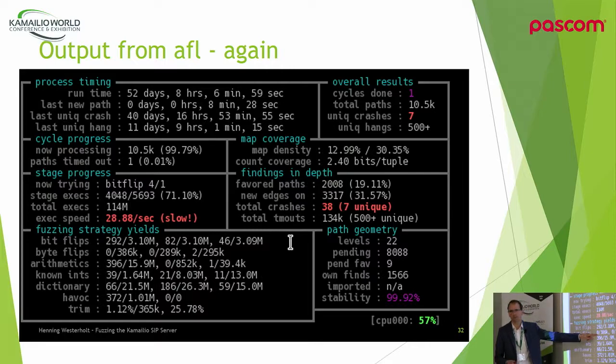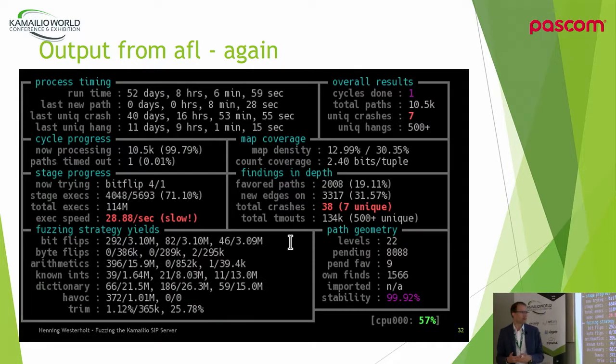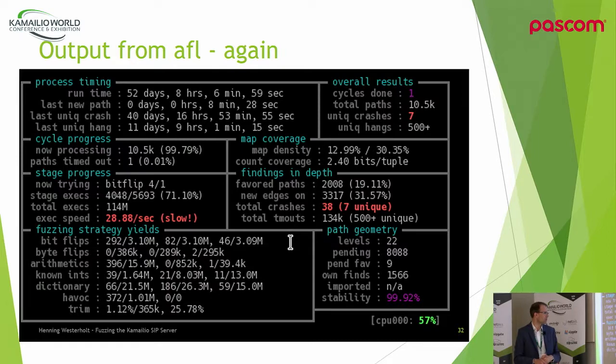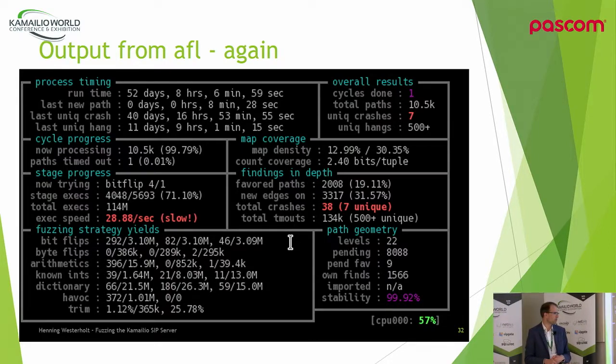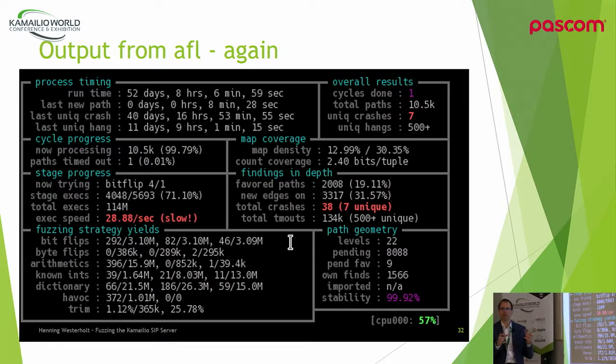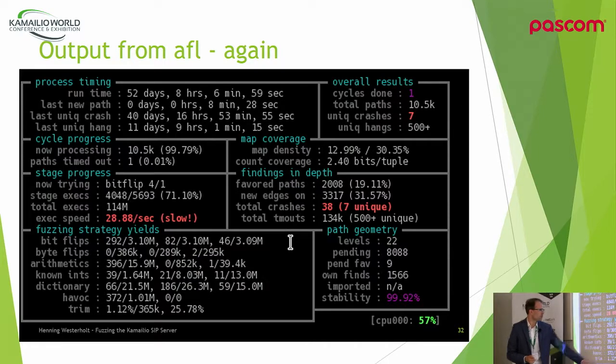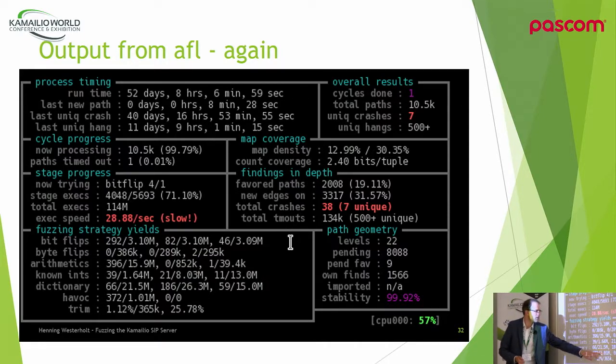Byte flips, not surprisingly, are not effective because it's a text-based protocol. If you flip a complete byte, it will not really change that much. But if you flip a bit, you alter the character, it will have some meaning to the parser, and it will create a new state. Havoc, which is basically a random permutation of the messages, was really effective, especially if you look at just 1 million executions here.